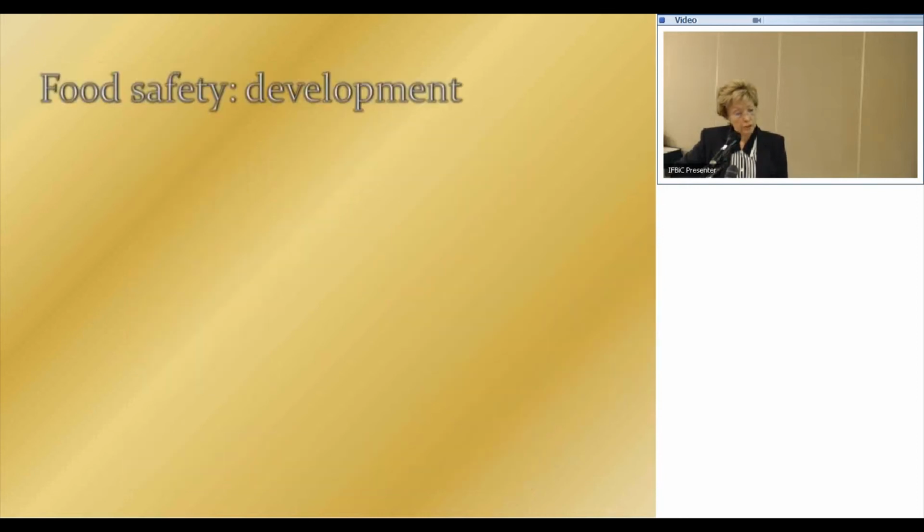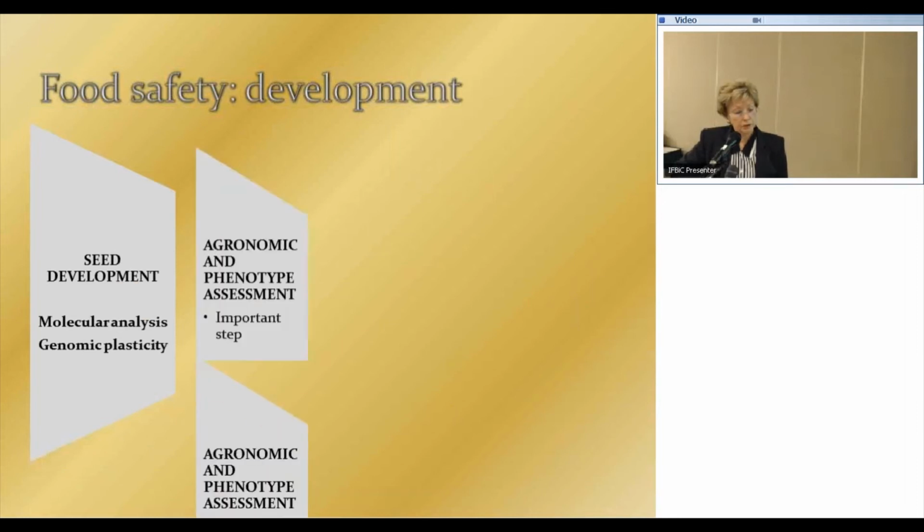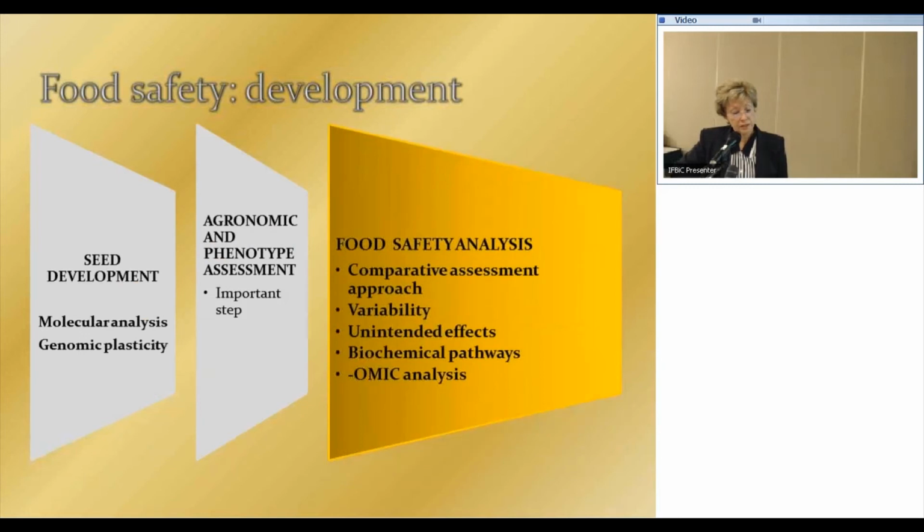So food safety development, seed development is important, the agronomic phenotypic assessment, and then the food safety analysis, with all these included. There are apparently two schools, or two different poles, in the assessment of GMOs, specifically where we look at the concern for unintended effects.